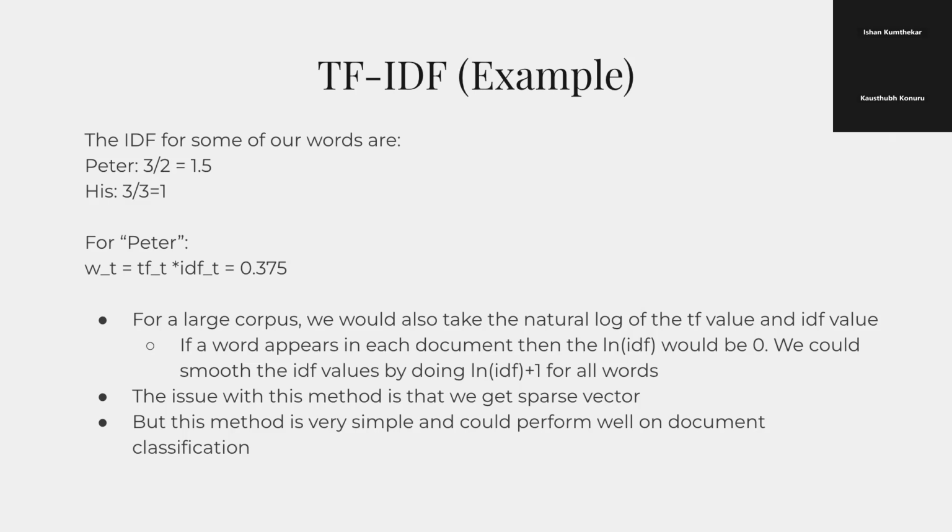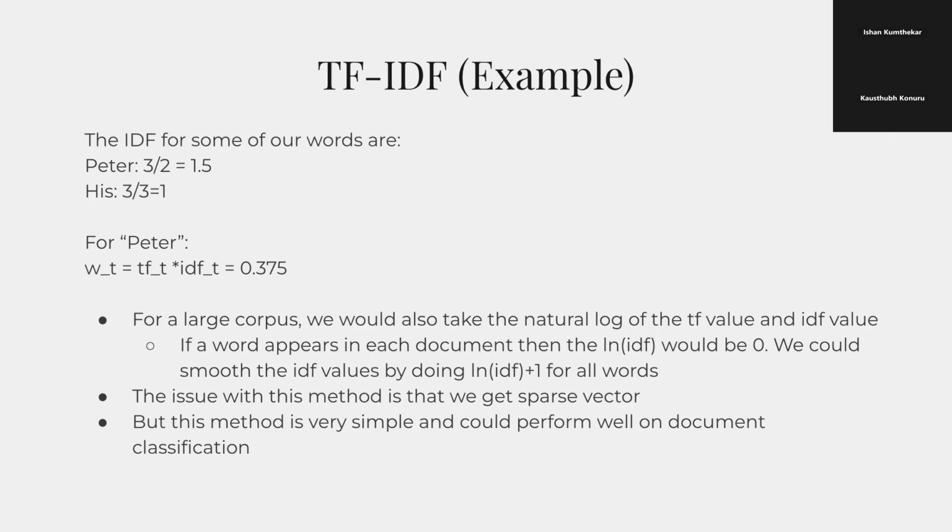So then we want to compute the W value, which is going to be the value that we're going to use in our vector for each document. And that'll just be the TF value times the IDF value. And so for the word Peter, we're just going to do 1.5 times the term frequency value, which is 0.25, and we get 0.375. And so we repeat this for every single word that appears within the corpus.